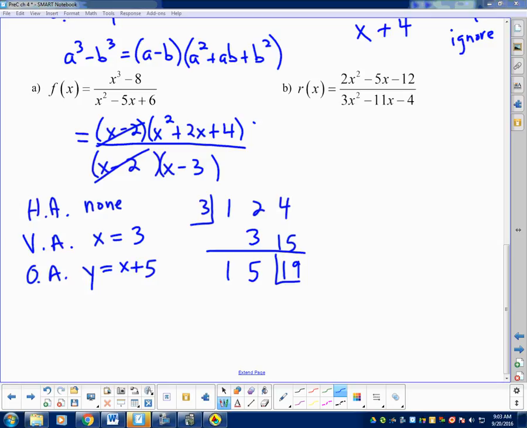What about B here? Let's just first of all identify the horizontal asymptote. Before we even factor, we can identify it. What is it? Look at the leading coefficients, reduce it, and we're done, right? 2/3. Before I can find the vertical asymptote, I got to write this in factored form.